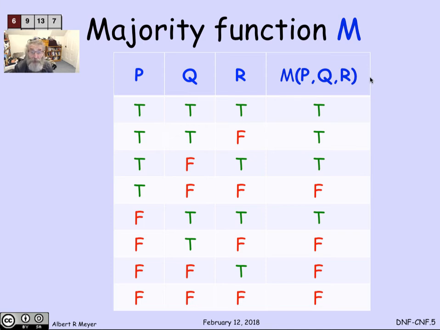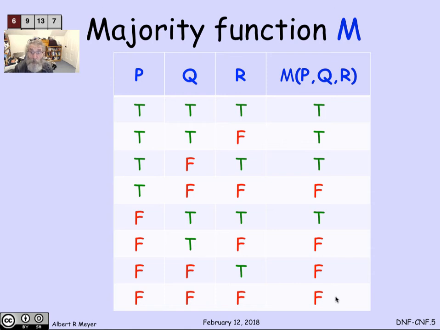Majority function is kind of fun to work with because it has an easy top-level description. In this case, it's the majority function on three variables, P, Q, and R, and it's true precisely when most of the variables are true. So if 2 out of 3 of the variables, or all 3 of the variables are true, M of those variables is true, and you can see 4 rows where it's true and 4 rows where it's false.